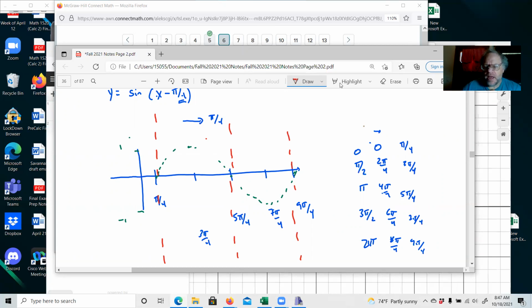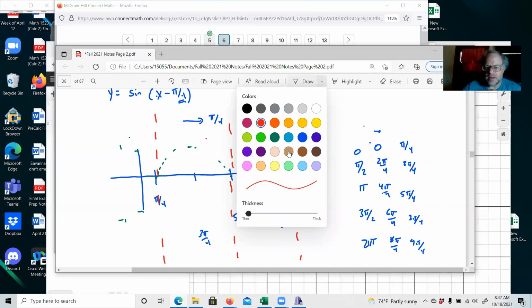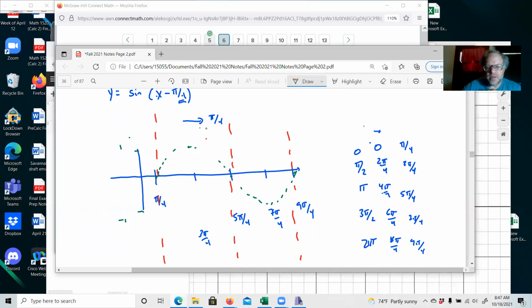And then we're going to sketch in our cosecant. So cosecant is going to be here, and it's the reciprocal of sine. That's why we dotted that in first. If I was smart, I would have put the 7 pi up there.